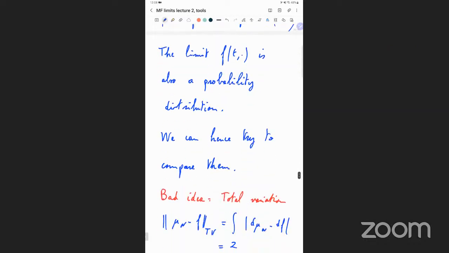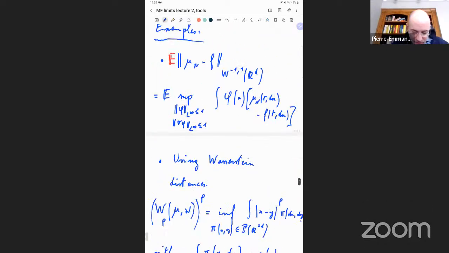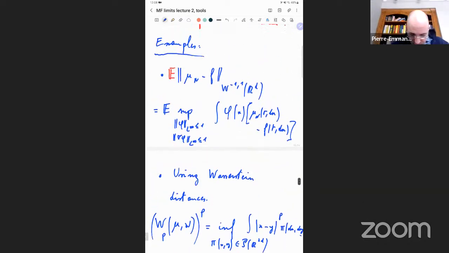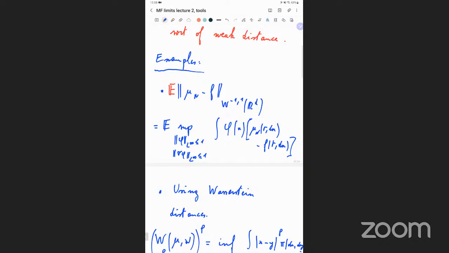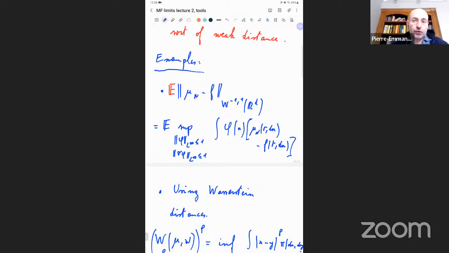What we actually want, let's go to the W1, for example, is that the empirical measure converges to F. F is a deterministic object. That is a lot harder for a random object to converge to something deterministic.